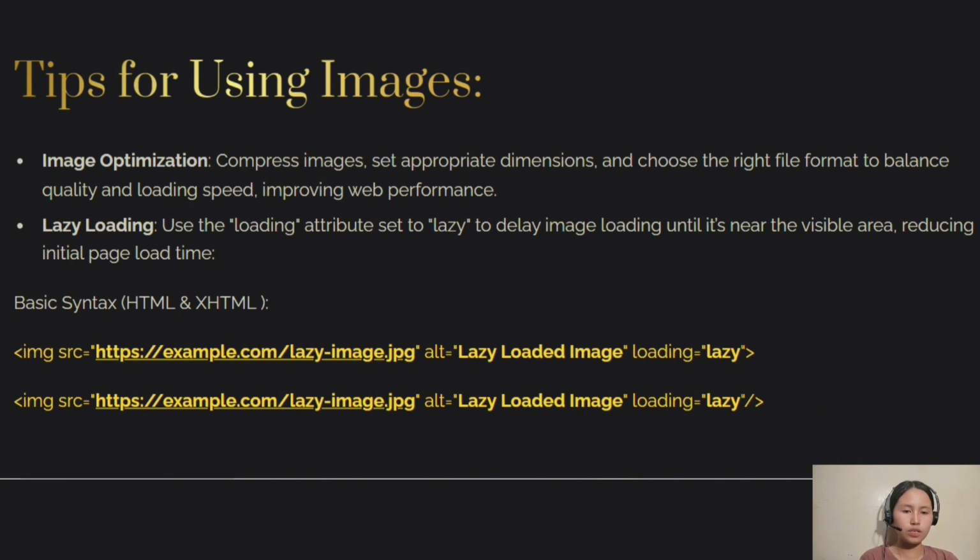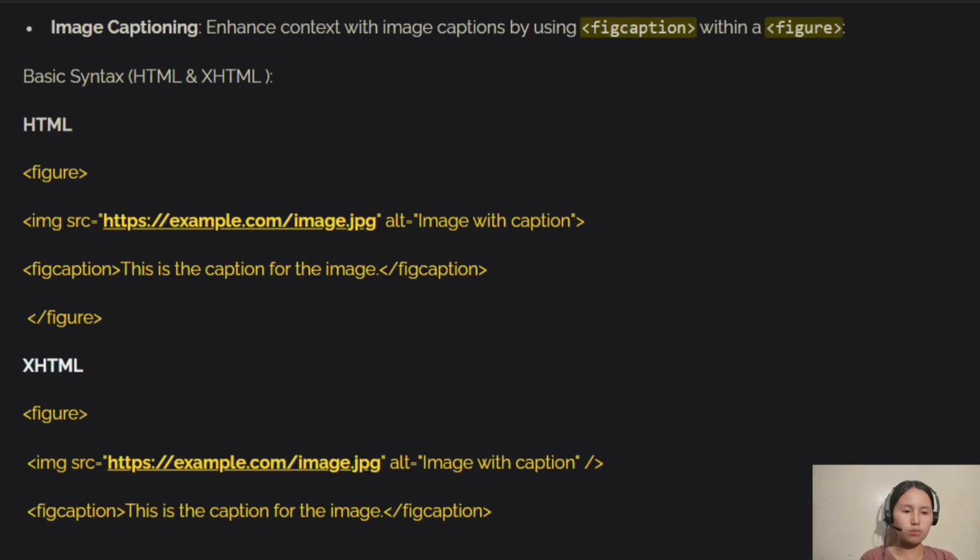Then let's proceed to image captioning. It enhances context for images by using figcaption within a figure. So this is the basic syntax of HTML and XHTML in image captioning. First you have to type the figure, and inside of the figure you have to type the img element, and the src attribute is equal to the image link or image URL, and after that the alt attribute is equal to "image with caption".